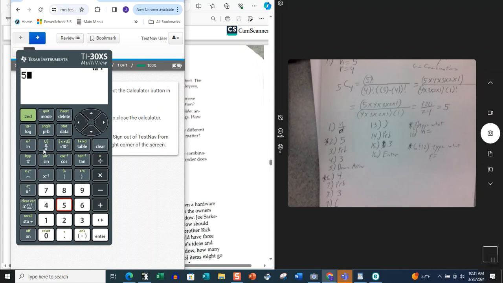I'm going to do 5 and then factorial, because I did tell you that factorial means that number multiplied all the way down to 1. But this right here, we knew that the top was 120. So that was 5 all the way multiplied down to 1, and that gave us 120. So that's proven to you what factorial actually is.